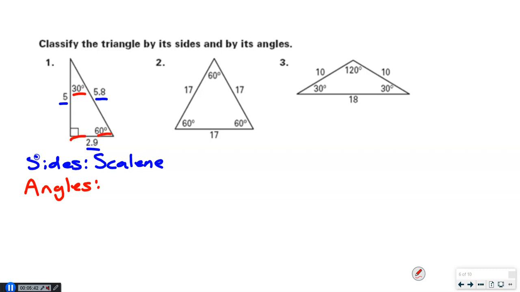So again, we've got 90 degrees in there. We know it's a right triangle. Then number 2, our sides for number 2, 17, 17, 17, it's equilateral.